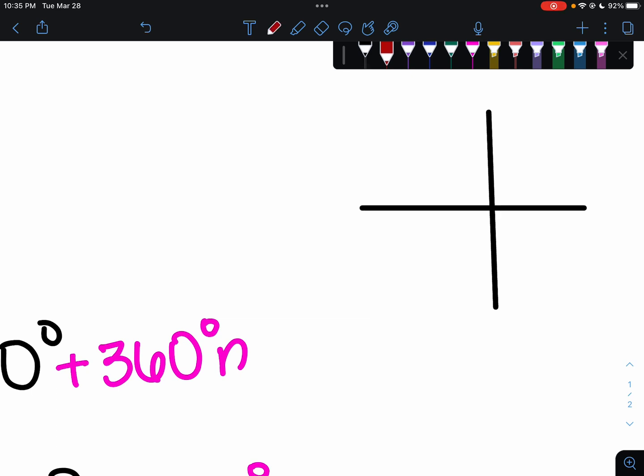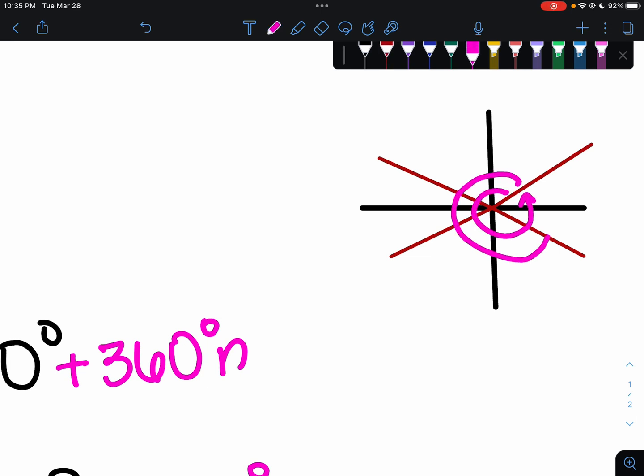What we have here is this angle, this angle, this angle, and this angle. Currently we're just focusing on one angle and going around and around and around.